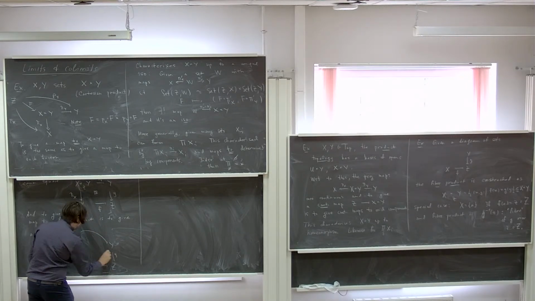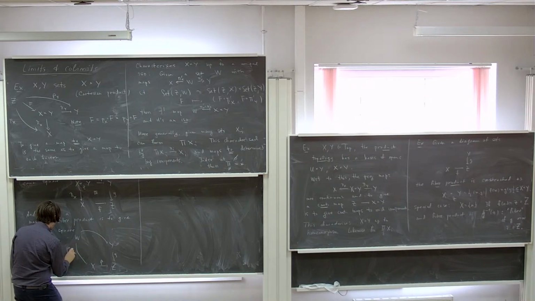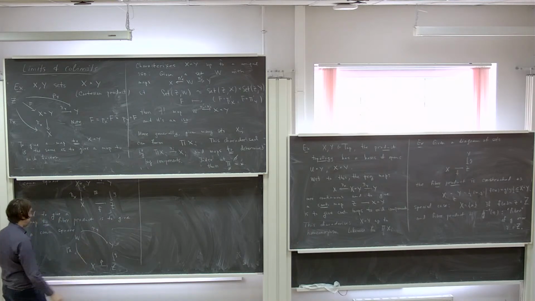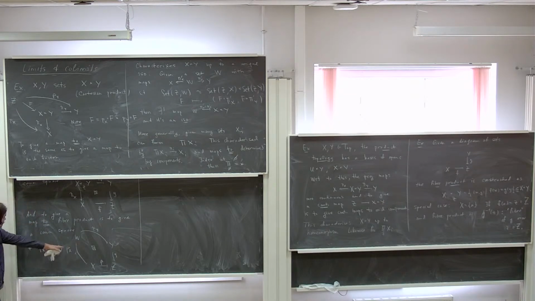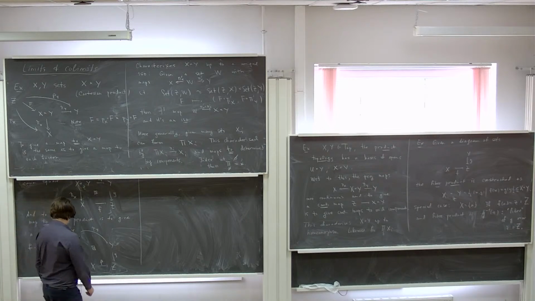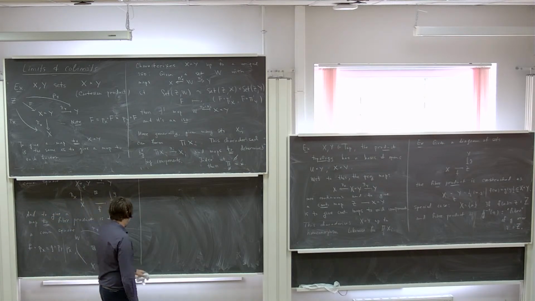So f and g are fixed. This is data that I have to provide, the maps to X and Y, and there's a condition, which is that the two composites are the same. So this is forming a commutative square. And then, if you take these two components and use them to define a map to X cross Y, it will land in this subset, the fiber product, by this condition. Okay?